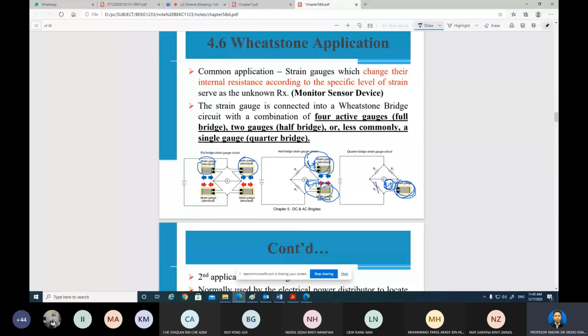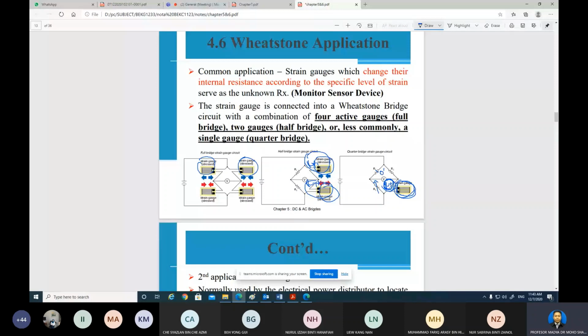This is a variable resistor, so we can adjust it. To measure Rx, we adjust R3 so that the galvanometer indicates the zero value. Then we know the value of Rx.